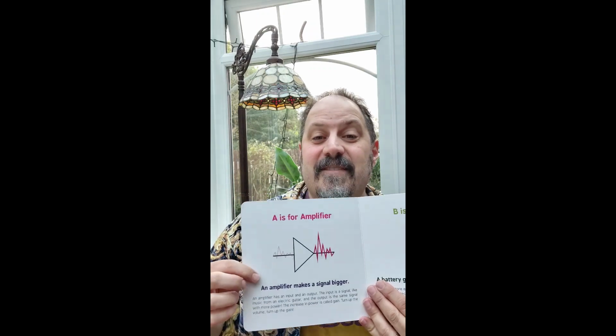So, A is for amplifier. See, this is a representation of an amplifier, and you have a little bit of a signal and you have a bigger signal. So an amplifier makes a signal bigger, okay? And an amplifier has an input and an output, and the input is a signal, which is usually electrical.